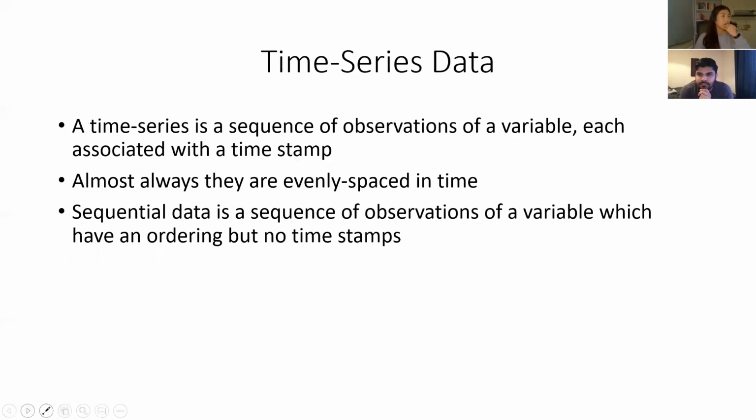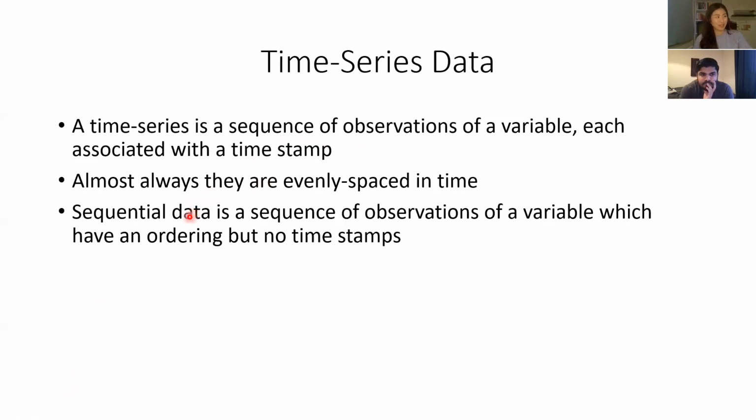And okay, time series data is a subset of it. So this time series is a sequence with a timestamp. And a timestamp, you know, like a time, or maybe seconds, or the year, and so on. It says almost always they are evenly spaced in time.